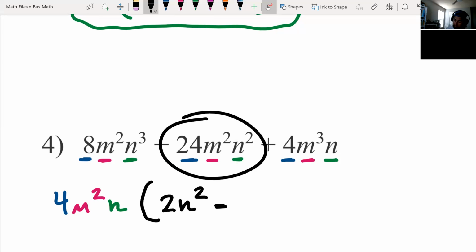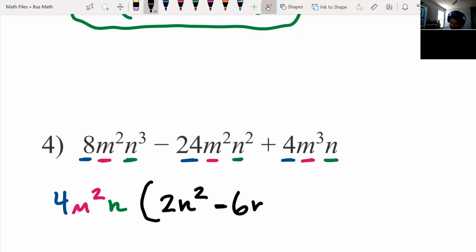What am I left with? 6n. Plus, and now you're taking it from 4m cubed n. What are we left with? Just m. There you go. Nothing else we could do there.